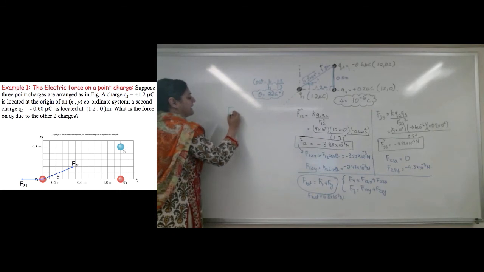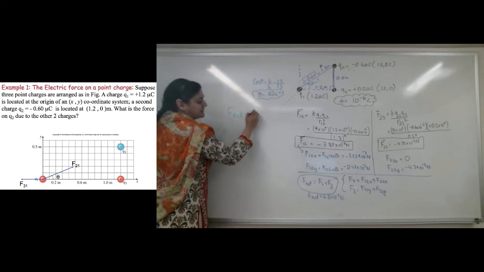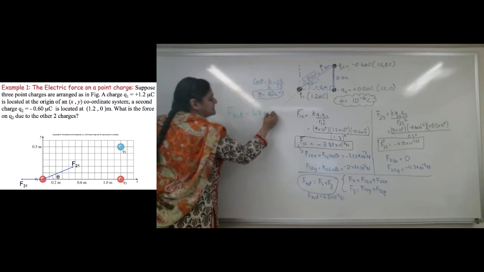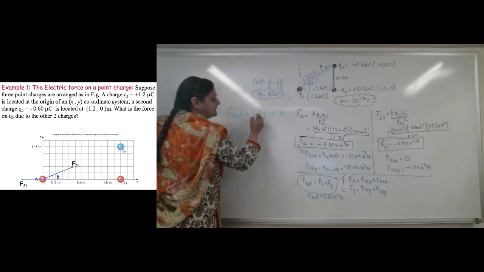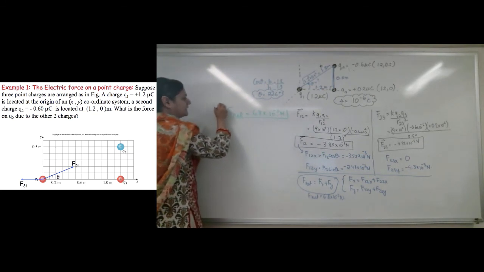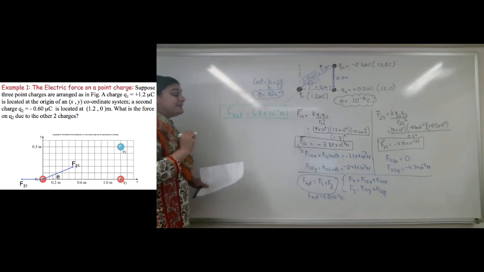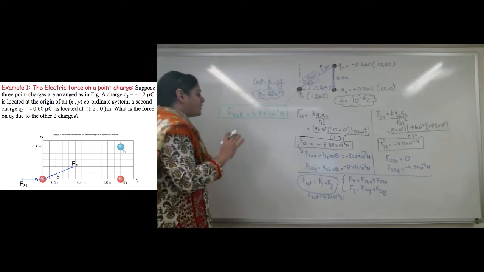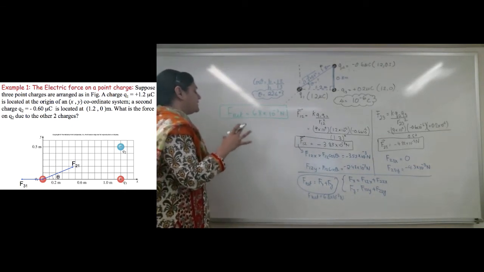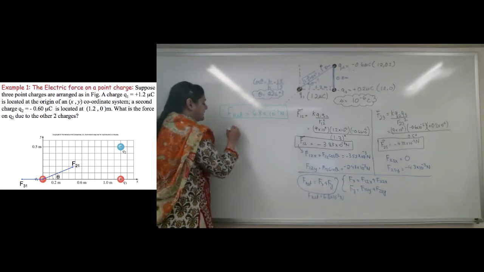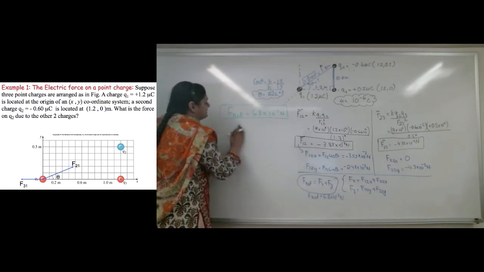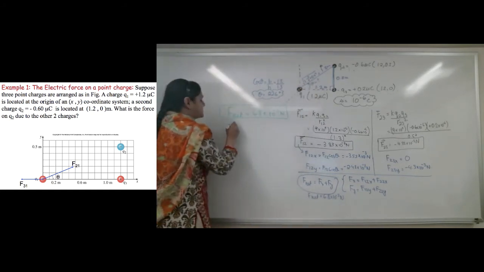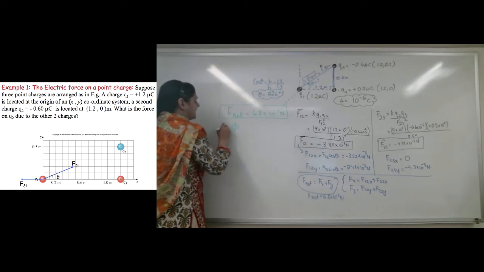I have my F net equal to 6.8 times 10 to the minus 3 newtons, but that is only the magnitude. In order for this to be an actual vector, I need an angle as well. I'm going to call it phi because I already called the other one theta. How do I find phi?